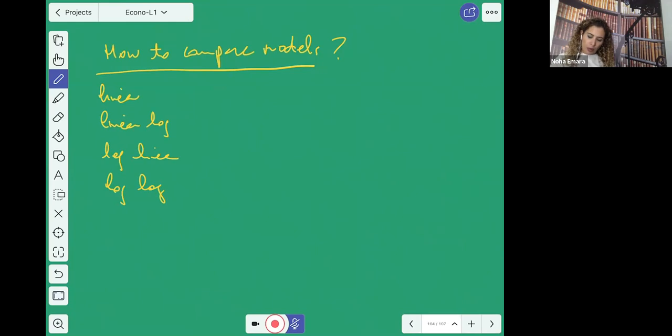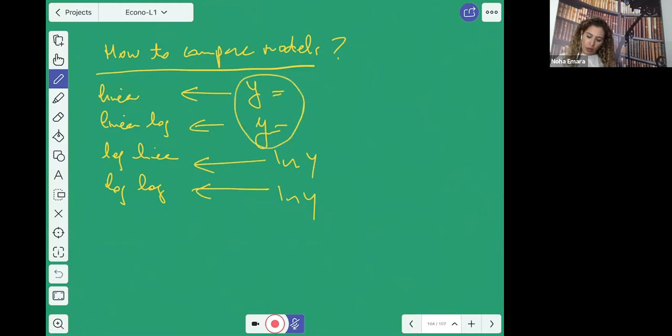So the best answer is, you can only compare models when the dependent variable, which is y, has the same unit of measurement. In this one, y is linear. In this one, y is linear. This one, y is in log. This one, y is in log. So I can only compare the linear with the linear log. I can only compare the log linear with the log log, because they have the same unit of measurement.